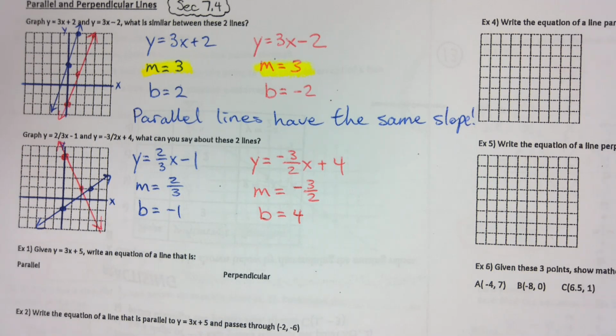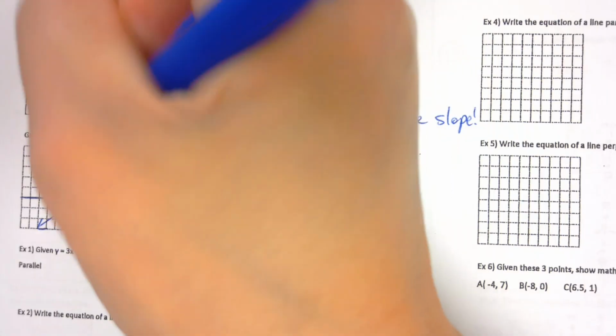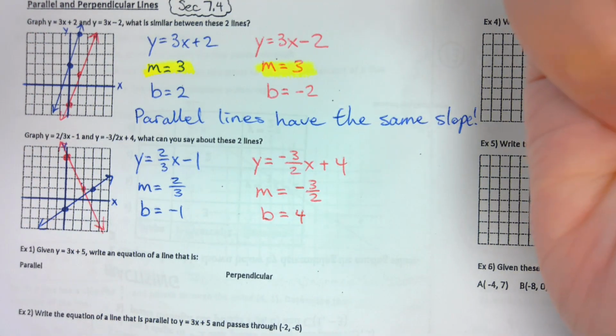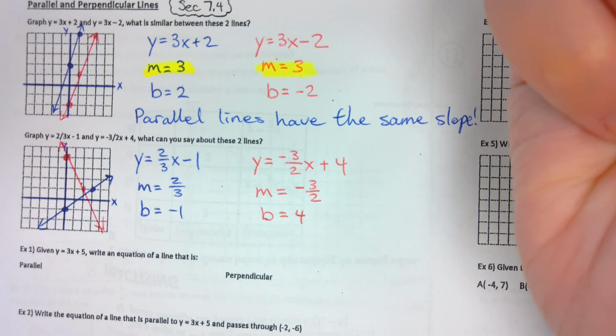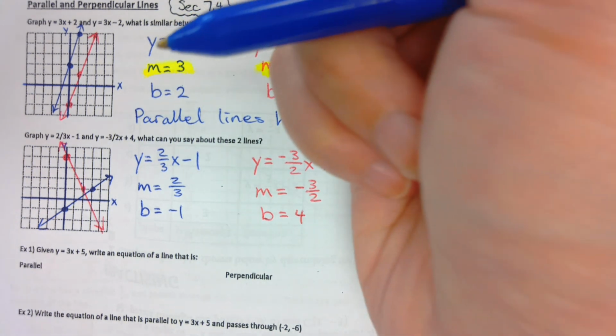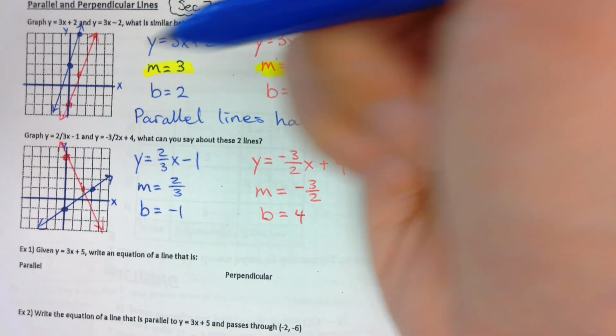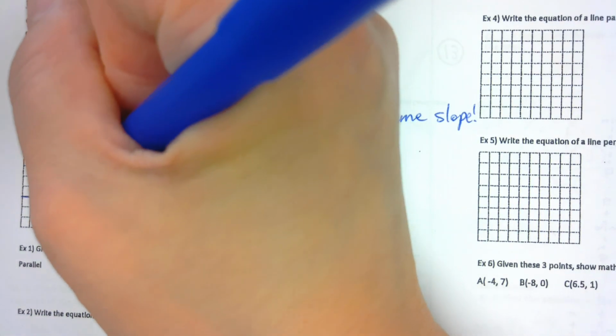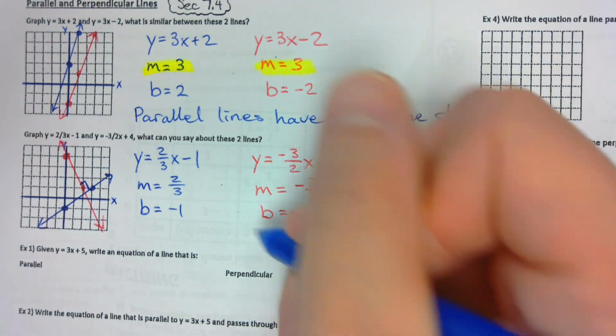They intersect, they cross, but there's a particular word. Perpendicular. What's another word for perpendicular? What angle is perpendicular? Right angle, 90 degrees. So this angle that they make is actually a 90-degree angle.